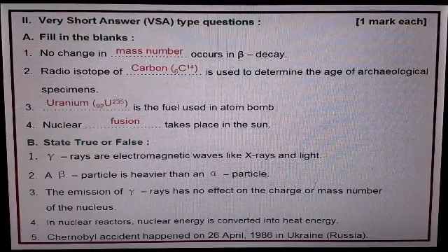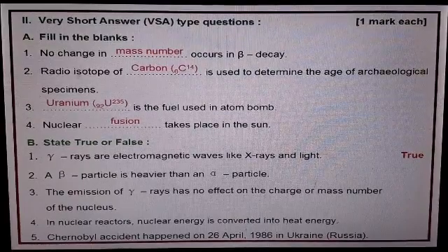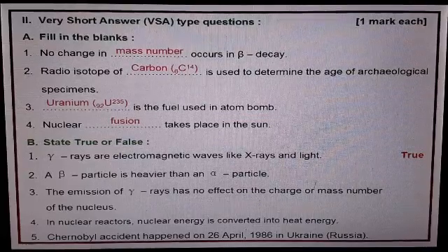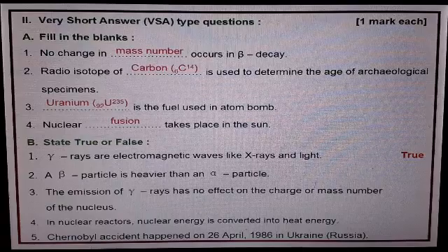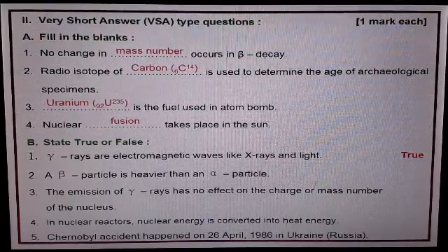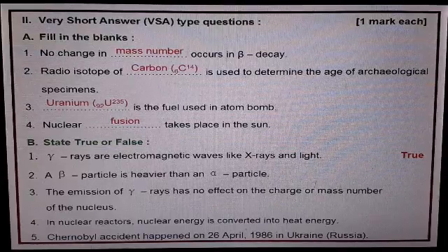Gamma rays are electromagnetic waves like X-ray and light. Correct? It's true. A beta particle is heavier than alpha particle. False. Because alpha particle has mass number much more than that of the beta particle. You have seen what is the mass of alpha particle? It's around 4 times the mass of a proton.